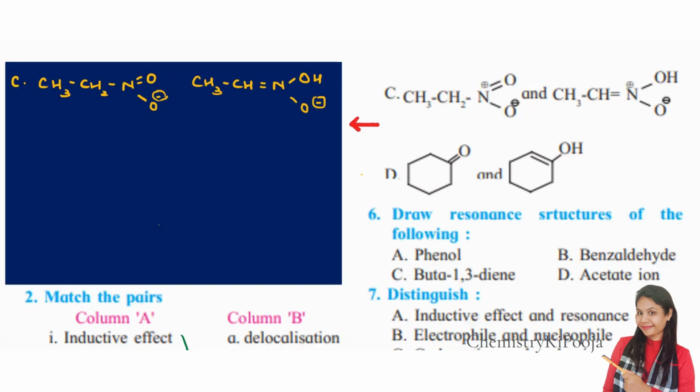So basically, if I try to convert the first structure into the second, this is a double bond over here. Then suppose from here one hydrogen is shifted over here, and then of course this double bond will get shifted here. So I am going to get the second structure, isn't it?